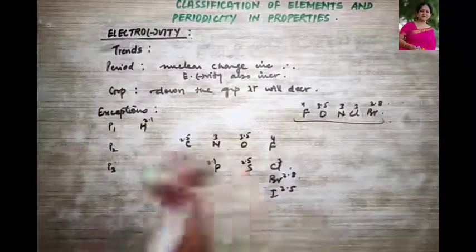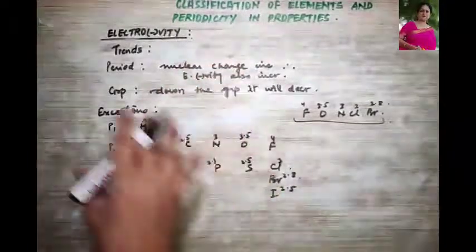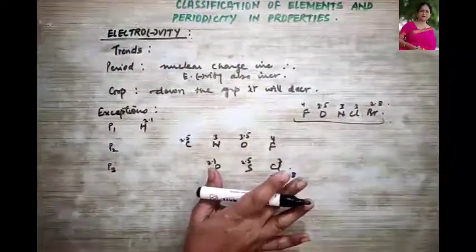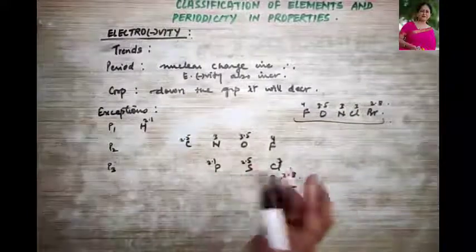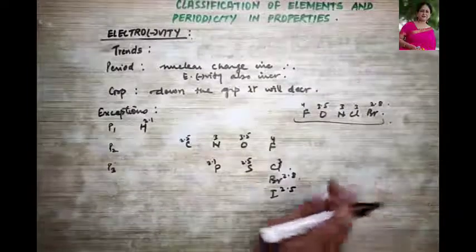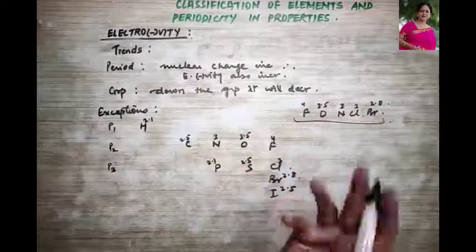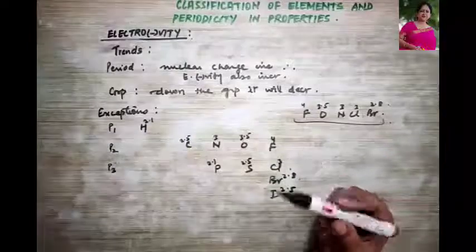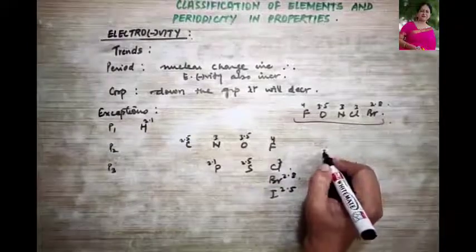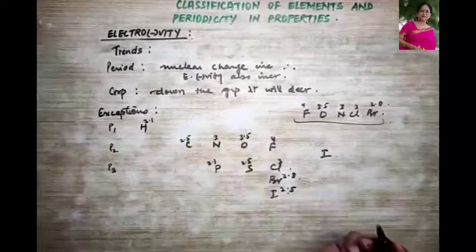Now, sometimes you don't have to learn the electronegativity values or the Pauling scale values, but sometimes here and there little bit you should remember. So I'm giving you a very easy clue to remember certain things. For example, for iodine you have 2.5.